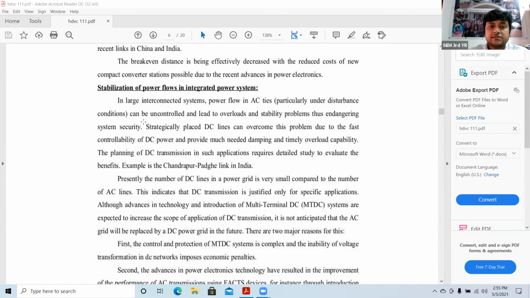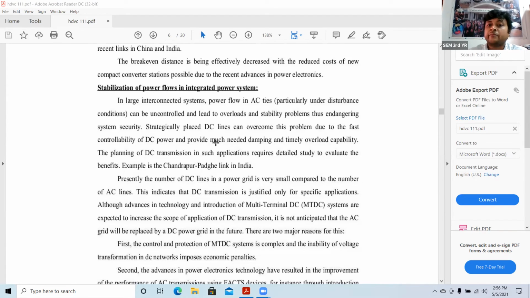So in a large interconnected system, power flow in AC ties, particularly under disturbance conditions, can be uncontrolled and lead to overload and stability problem, thus endangering system security. Strategically placed DC lines can overcome this problem due to the fast controllability of DC power and provide much needed damping and timely overload capacity.